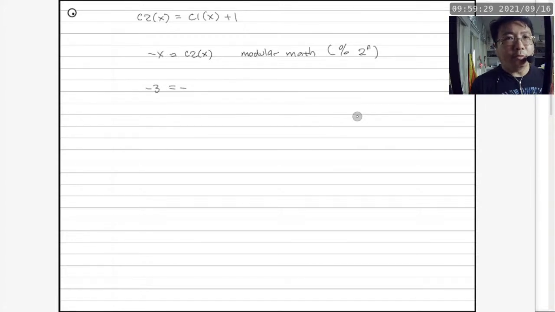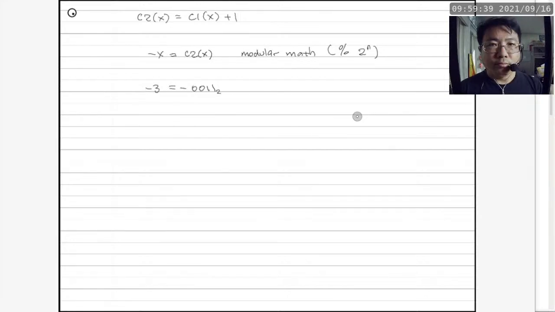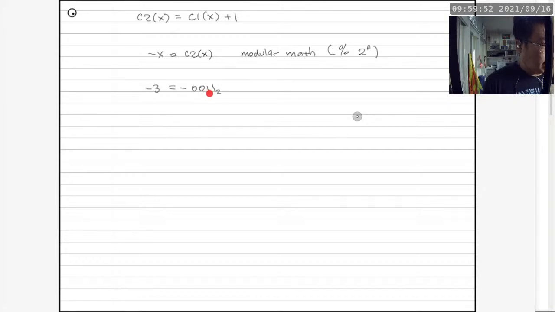The binary version of 3 using 4 bits is 0011. This time I put a subscript of 2 just to emphasize that this is in base 2. Are we still doing okay so far? Because all I did here is change 3 from base 10 to base 2. Now I'm going to look at this and go, hey, this is a binary number, and with any binary number, we can use 2's complement to perform the arithmetic negation.